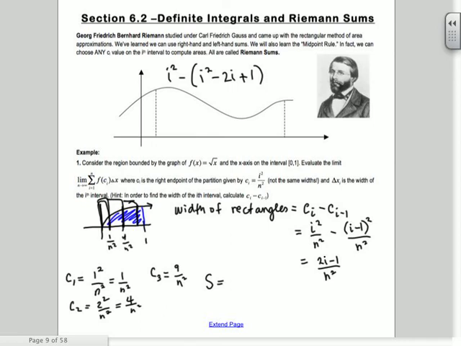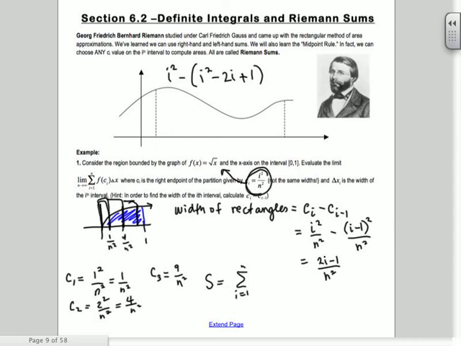So let's do S equals the sum from i equals 1 to n of my height. This is why I wanted you to use this one, the i squared over n squared, because now when I plug it into my function, what happens? It's i over n. Do you all see that?